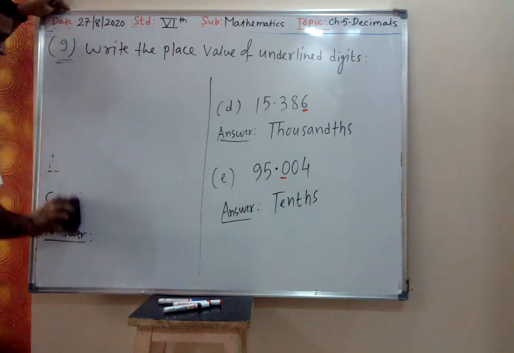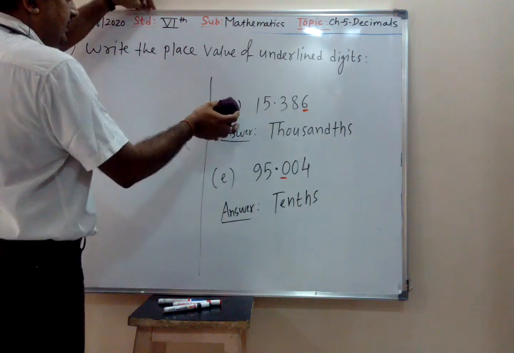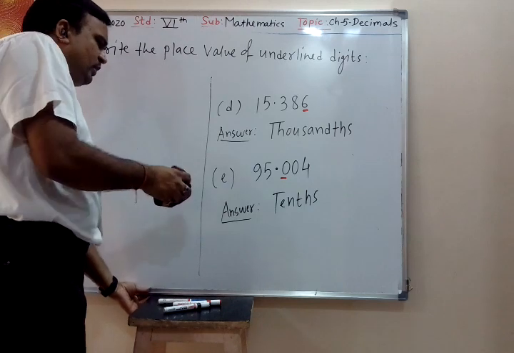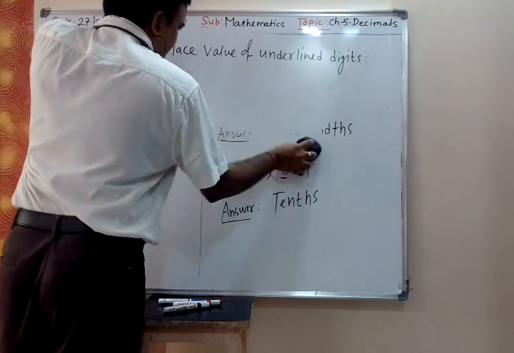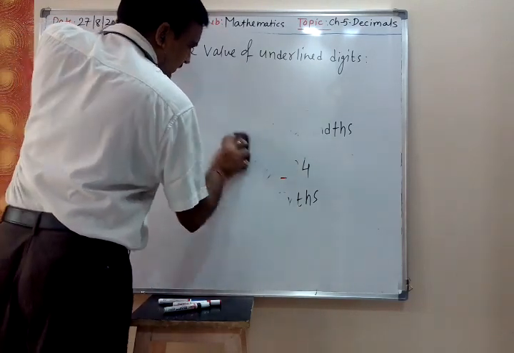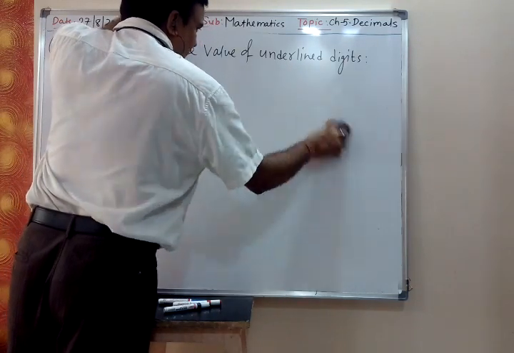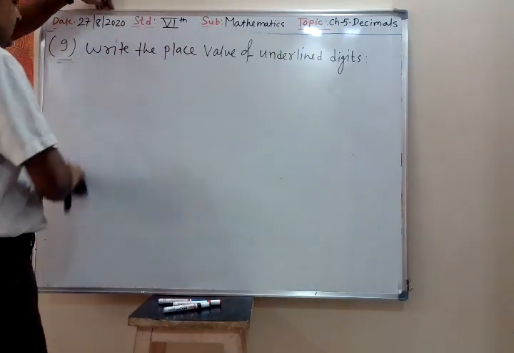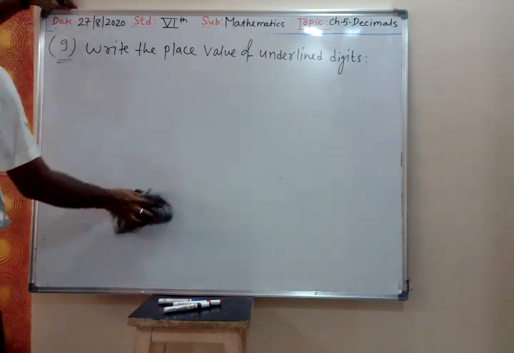D and E are over. Yes, you are going slow only. I am erasing slow only. So everything we are doing just like the tortoise. We are not running like a hare. We are running like a tortoise.